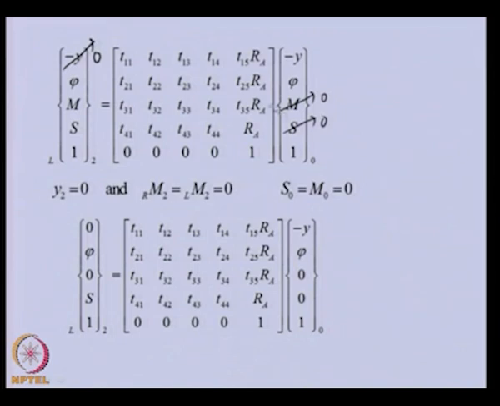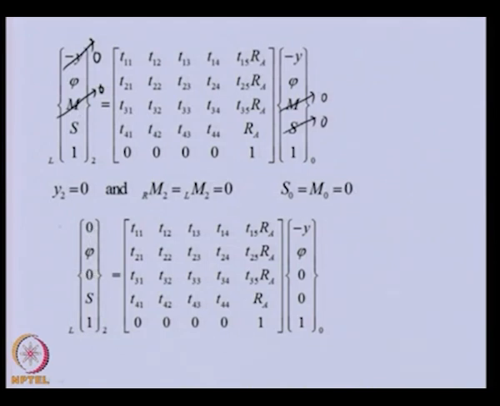So, this equation will take this form, in which these two are 0 and this is also 0. Also, at station 2, which is simply supported, the moment is also 0. So, on the left hand side we have two terms which are 0.